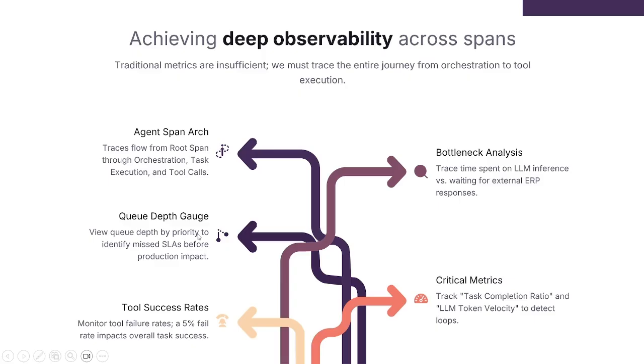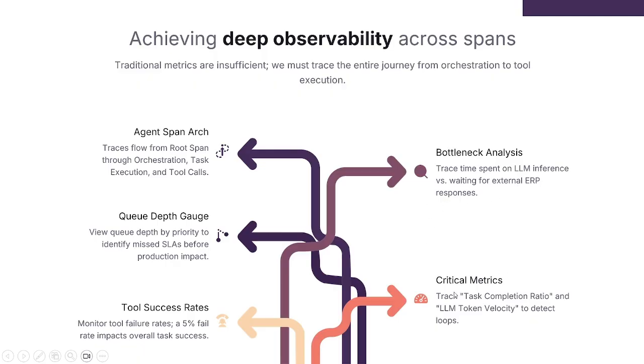Track queue depth by priority to identify missed SLAs before production impact. And then tool success rate: monitor tool failure rate, because a 5% failure rate impacts overall task success. And then also implement bottleneck analysis, where time spent on LLM inference versus waiting for external ERP responses is measured.